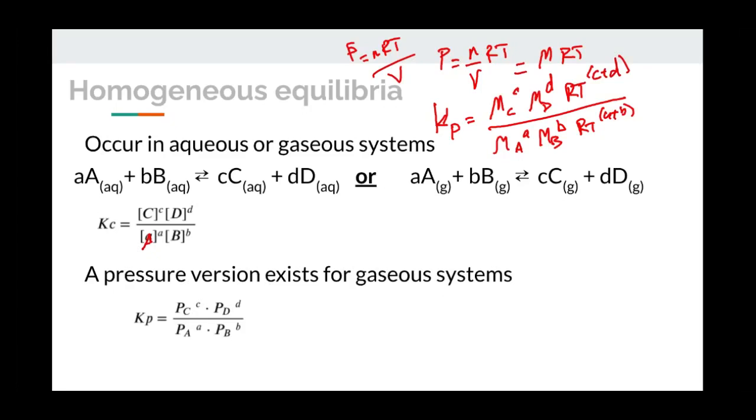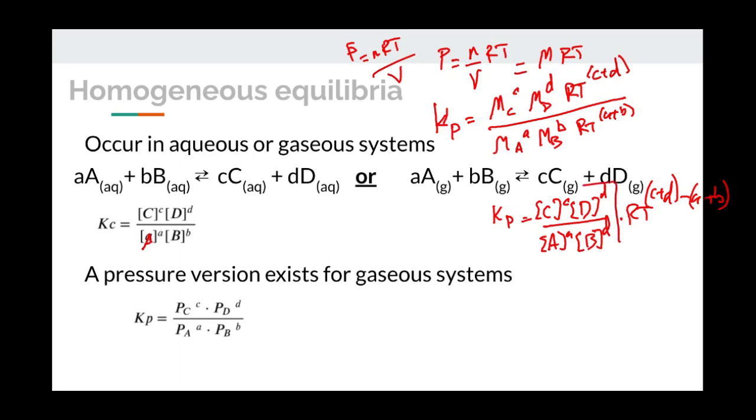Or we could write that as Kp is equal to concentration of C to the c times concentration of D to the d divided by concentration of A to the a times concentration of B to the b, times RT raised to the c plus d minus a plus b. But this term here, that's just Kc.